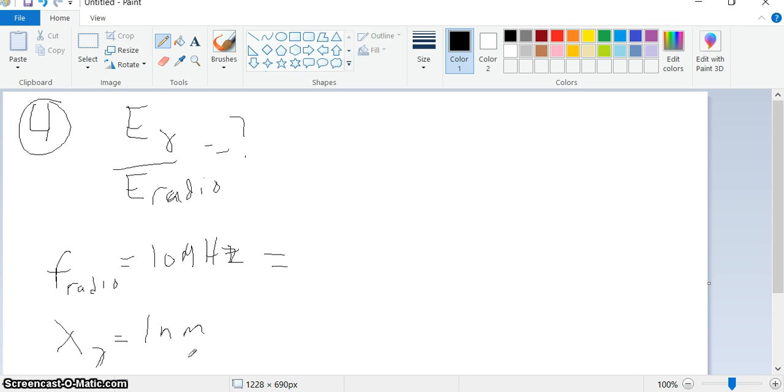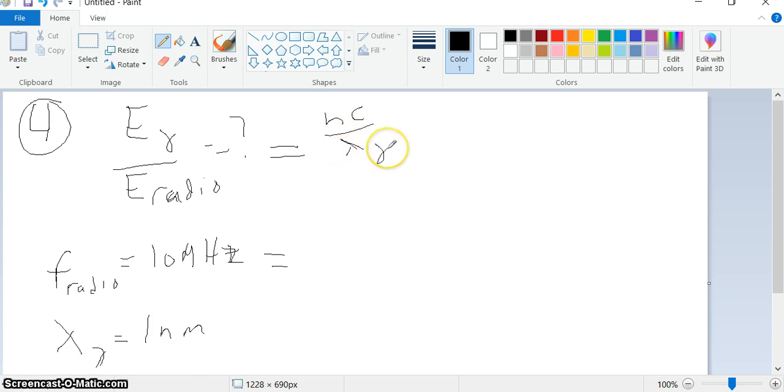We could either change both of these into hertz, which is perfectly fine, or we could change them both into wavelength. Here's what I mean. Remember, the energy of any photon is hc over the wavelength, and of course that's the wavelength of the gamma.